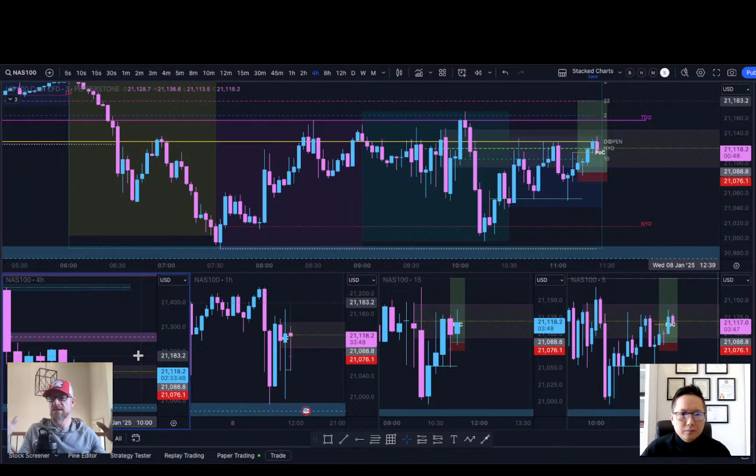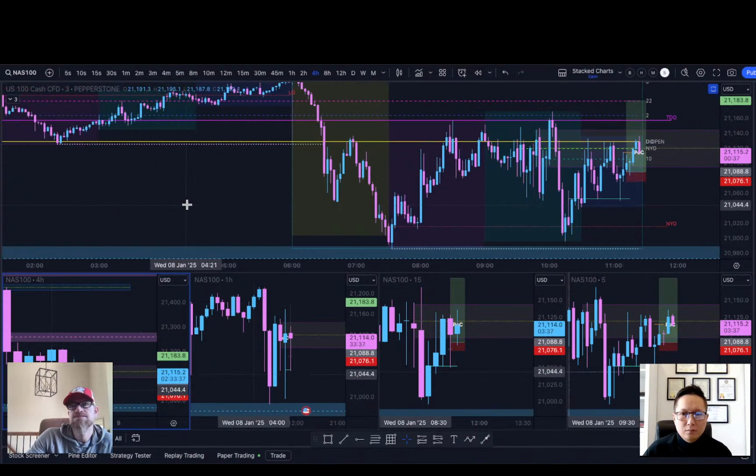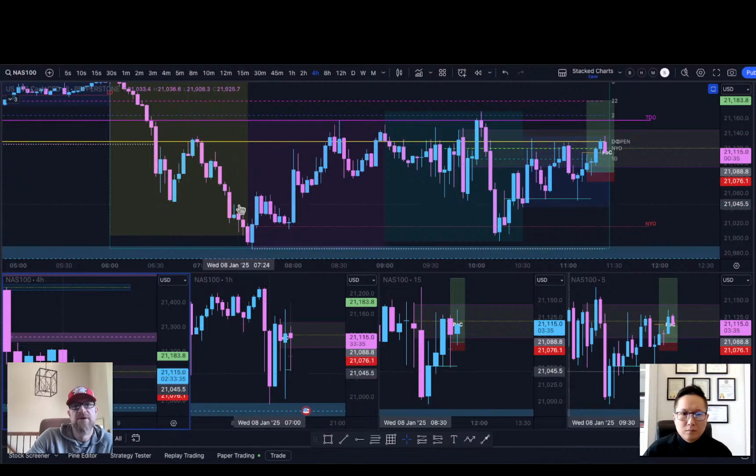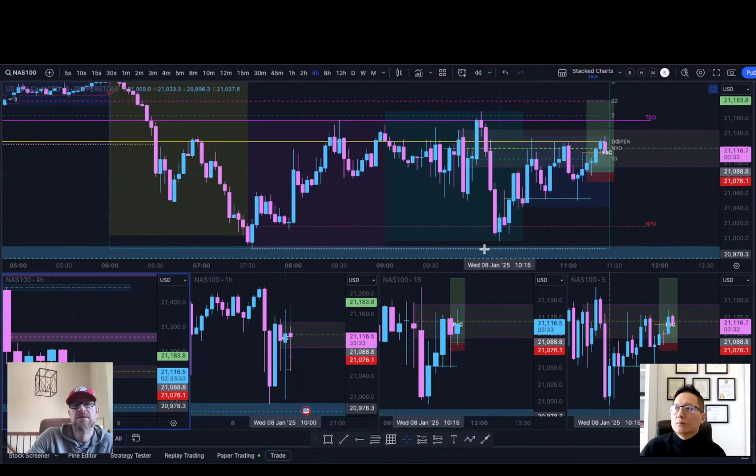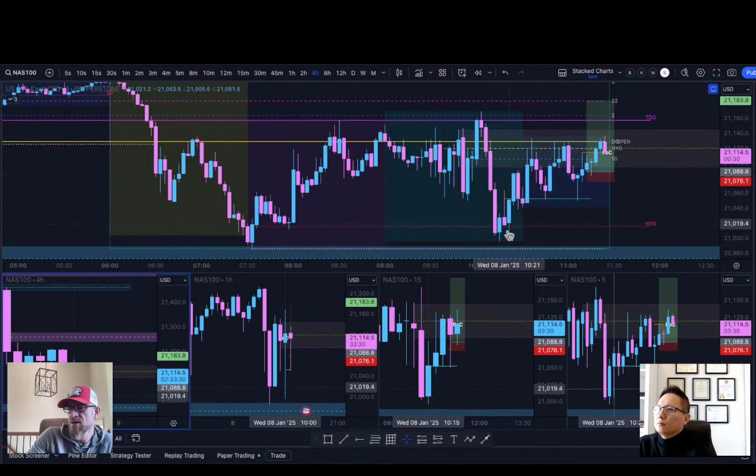Remember, if you have a high time frame bias and it plays out, there should be 3 entries. So this higher time frame Wyckoff that we're seeing here, this was the spring on S&P, the 500.